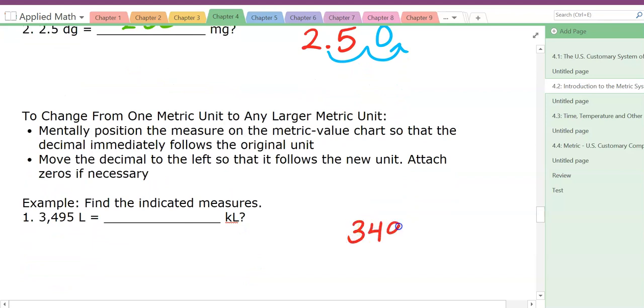Where does the decimal start for this number? Not after the 3. After the 5. That's where it starts. And then if I move it to the left 3, 1, 2, 3, then it's in between the 3 and the 4. So 3.495.